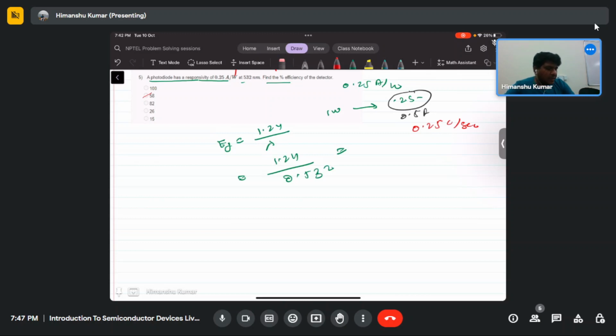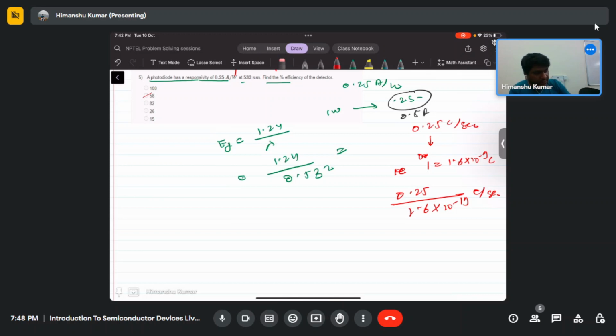If you want to calculate the number of electrons, you divide by the charge of one electron, which is 1.6 into 10 power minus 19 coulomb. So 0.25 divided by 1.6 into 10 power minus 19 electrons per second. This many electrons are getting produced.